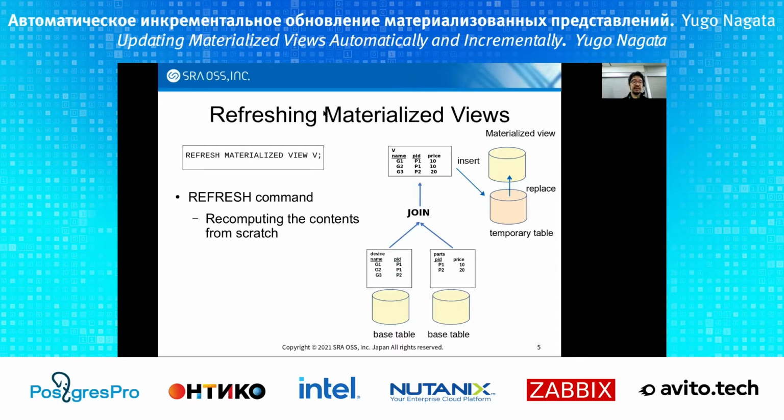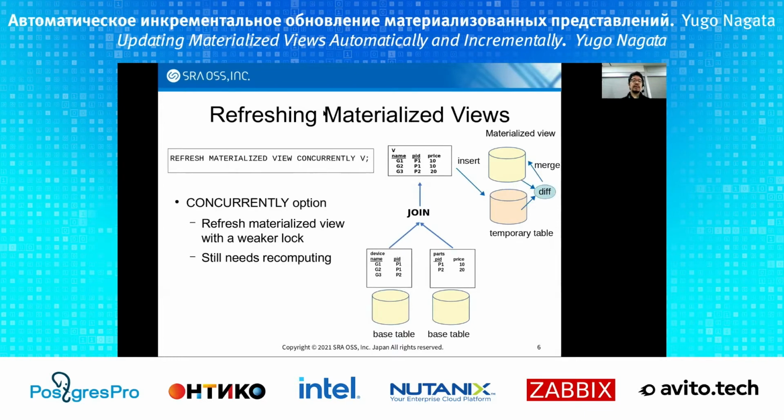When this command is issued, the view's contents are recomputed from scratch, so it takes a long time. By using the concurrently option, a refresh materialized view is performed with a weaker lock, but it still needs recomputing.